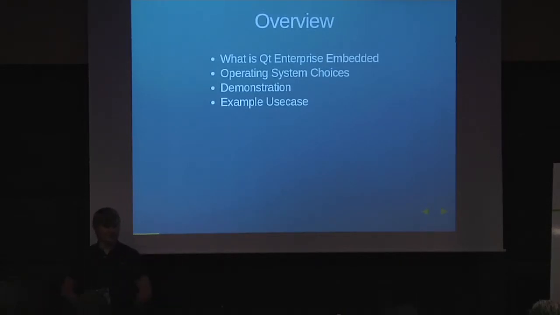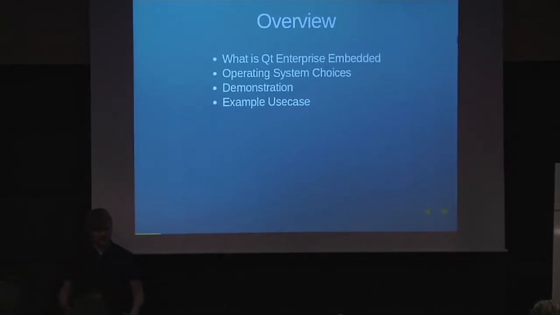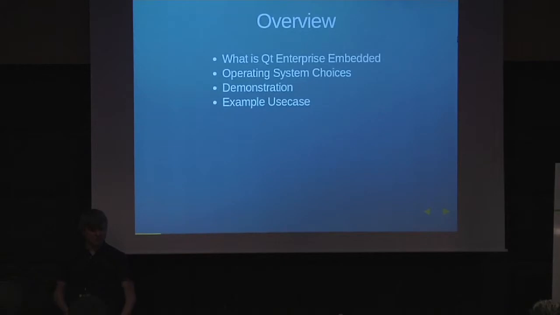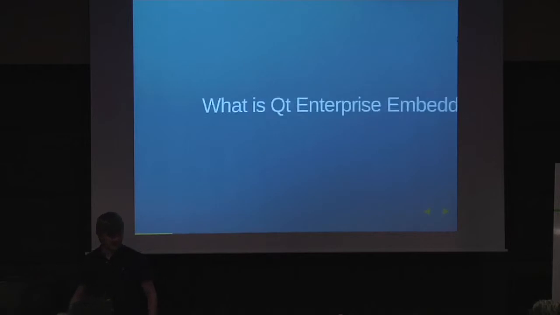And then I'll go over a complete demonstration of how to get this installed, how easy it is to get it up on the device, and then how to run your software on both our reference hardware device as well as the emulator that we have. And then I'll finish off with an actual demo, like show you a little bit of code and how it actually works on this device for a real-world use case.